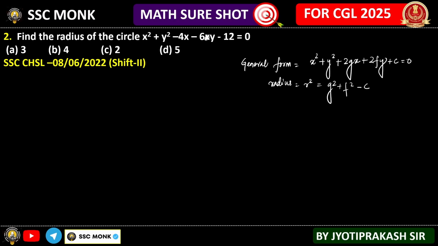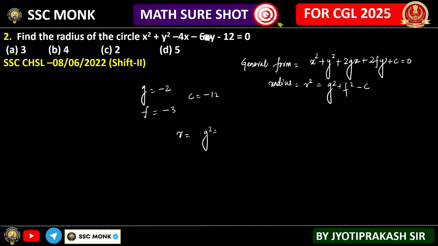Now in this particular question, x square plus y square plus 2gx, so g value is equal to what? Minus 2, because this is minus 4x. Now f value is equal to what? Plus 2fy, so this will be 6y only. So here f value is equal to minus 3, and what is c? c is equal to minus 12. So what will be the radius?